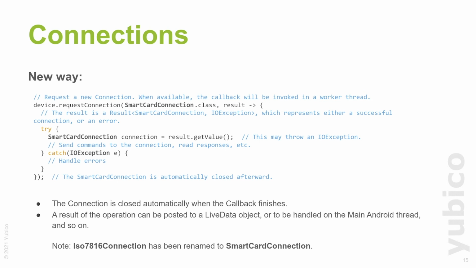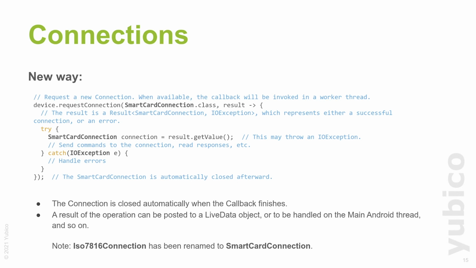Another thing that we've done here is that we close the connection automatically once this block completes. So there's no risk of forgetting that, leaving the connection open. Because opening a connection might fail, the result that we get here contains either the connection on success or an exception if that failed.